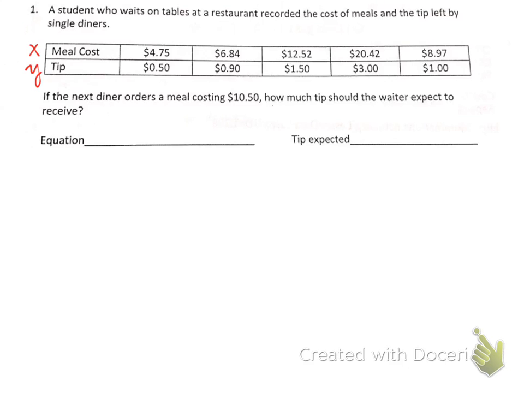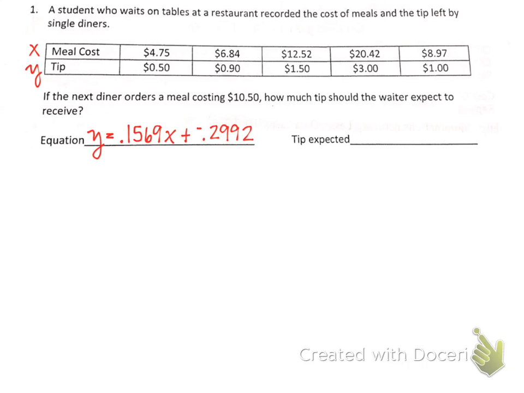So we have Y is equal to 0.1569 X plus, and then our B is negative 0.2992. So there's our equation. That's our line of best fit. That's our linear regression model.